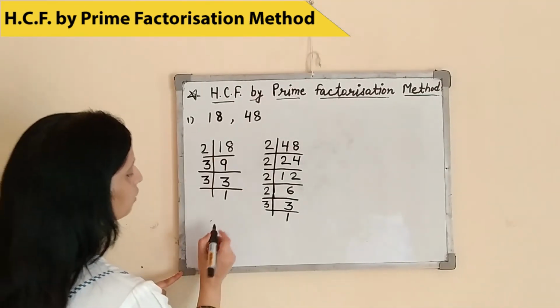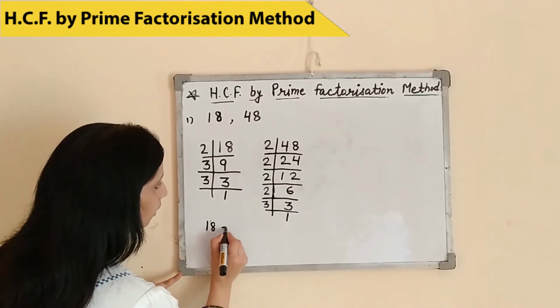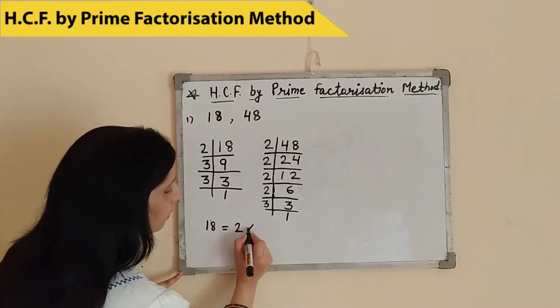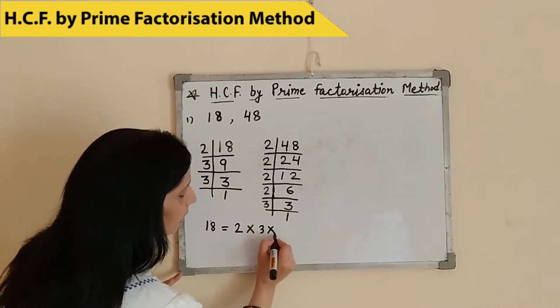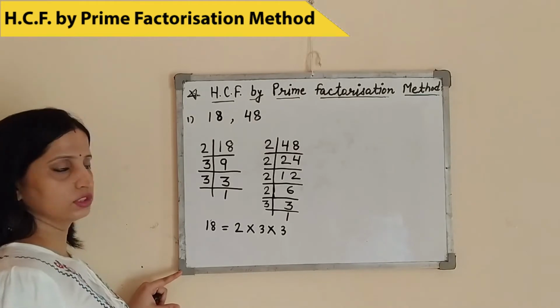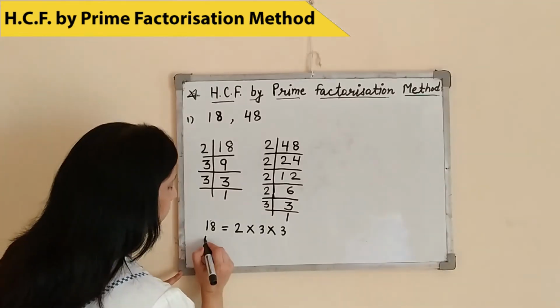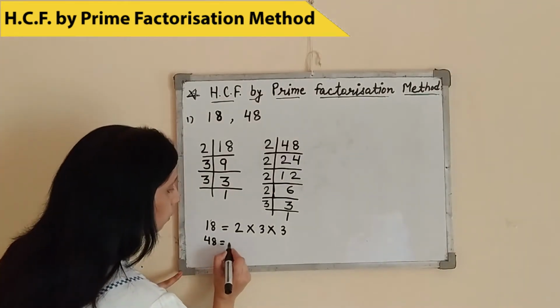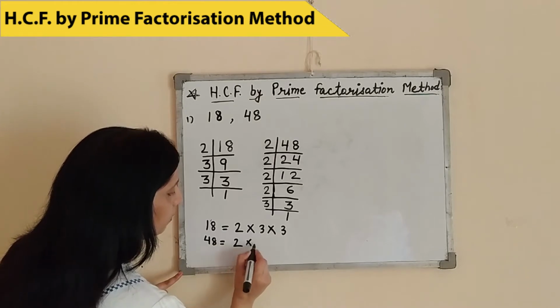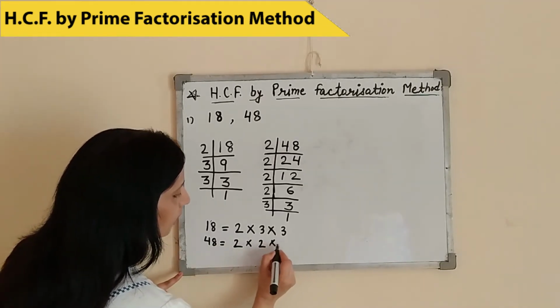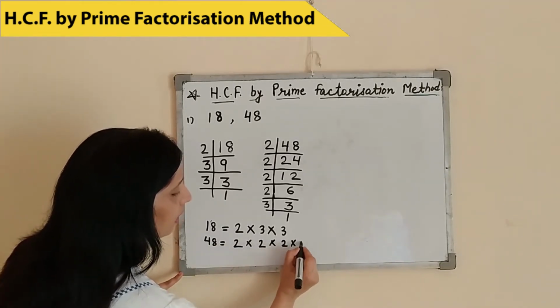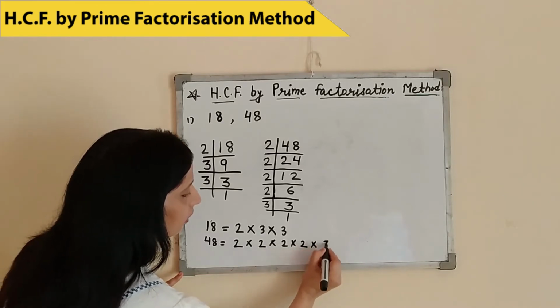So the factors of 18 will be 2 multiplied by 3 multiplied by 3. Okay? And 48 will be equal to 2 multiplied by 2 multiplied by 2, again 2 and again 3.